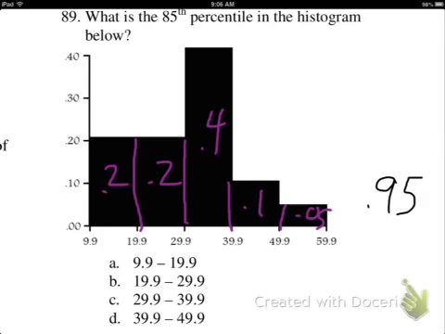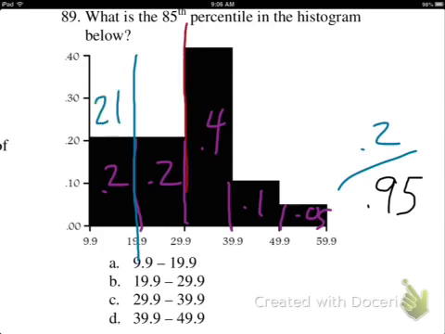So let's figure out our percentiles. In the first one, below this line right here, we have 0.2 divided by 0.95. That gives us 0.21 or 21%. So 21% of the people are below 19.9. Then doing the next one, we do 0.2 plus 0.2.